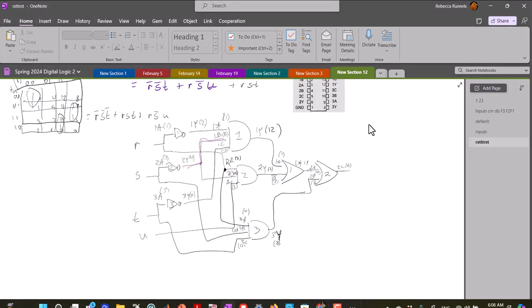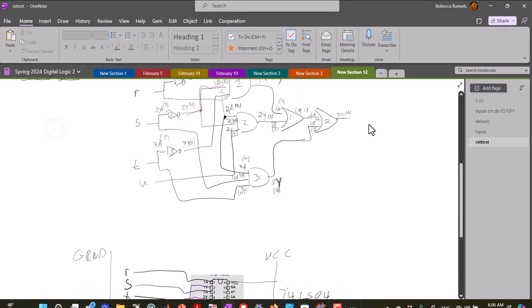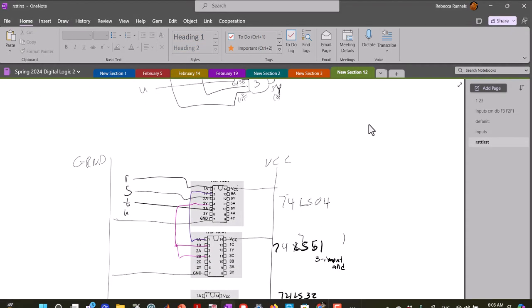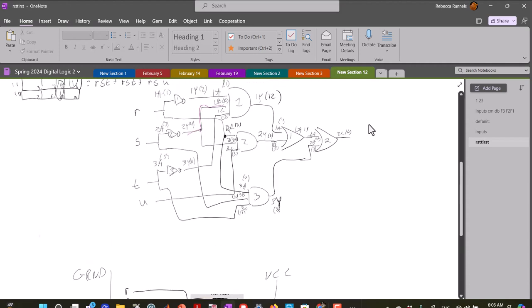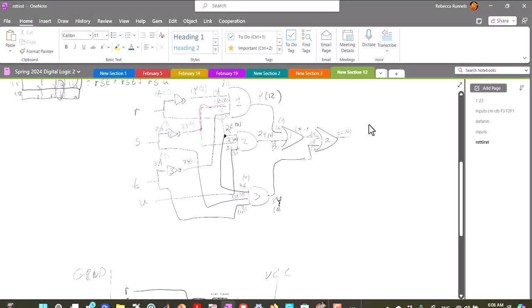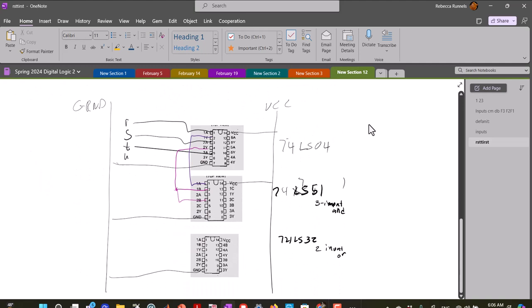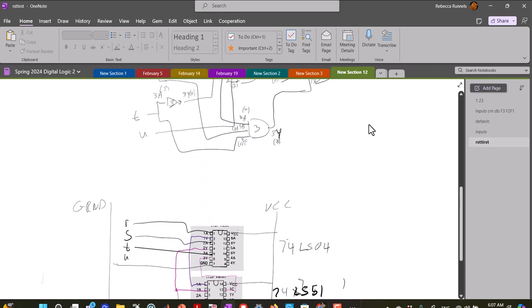And 3Y was going to 13. And then the other inputs into the AND gate were, let's see, 1C, I got that.